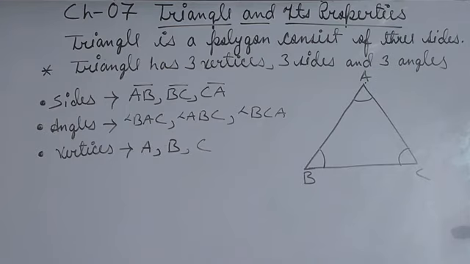So after seeing that video, restart this video class and move to the next property, that is the median and the altitude of a triangle. हम median और altitude को पढ़ेंगे किसके? Triangle को. You should know what is a triangle, then what are the types of triangles on the basis of sides and on the basis of angles. Then only come to this video for the next properties of triangle, that is median and altitude.